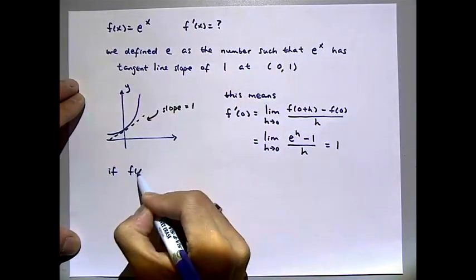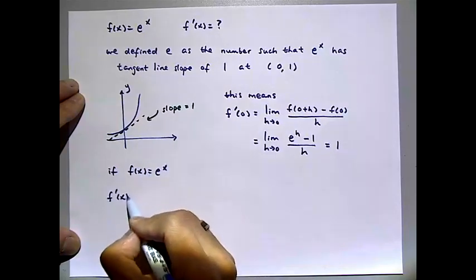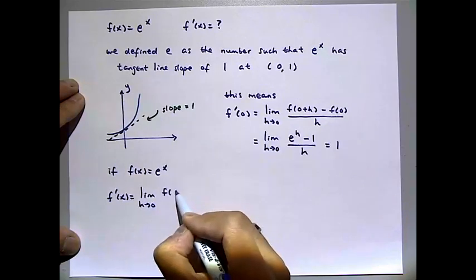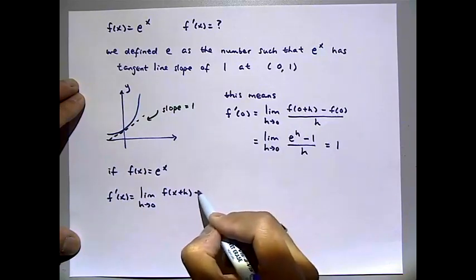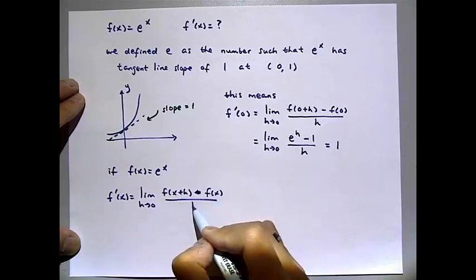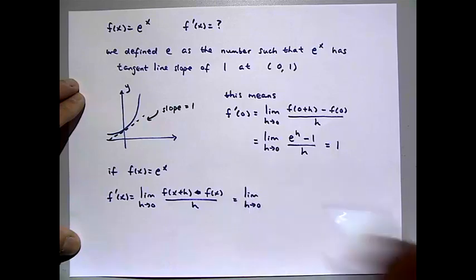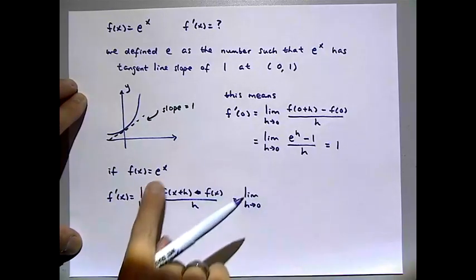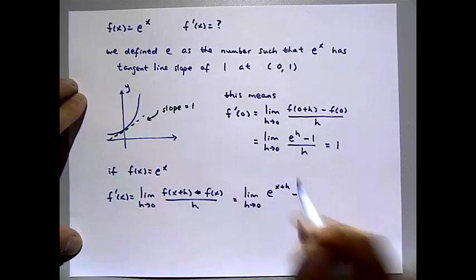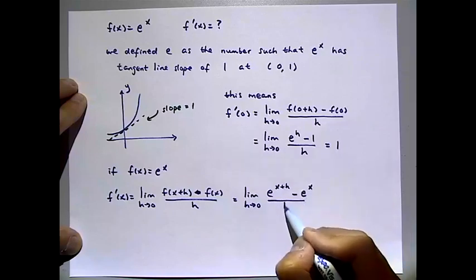Now we can say that if f of x is e to the x, then f prime of x, by its very definition, is the limit of f of x plus h minus f of x over h, which is equal to e to the x plus h minus e to the x over h.